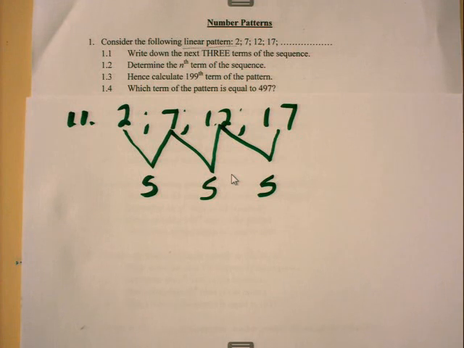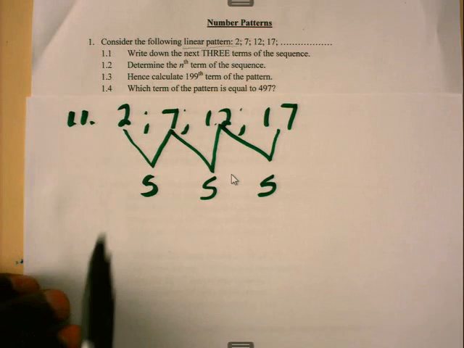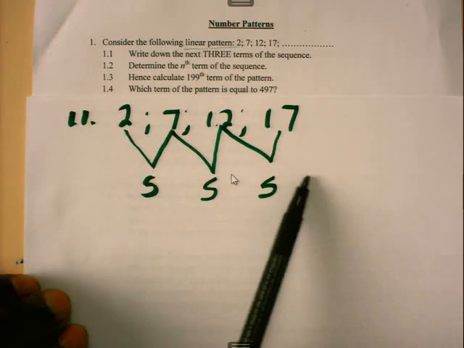Once the first difference is common, that pattern is called a linear number pattern. It means to determine the next term, we just keep on adding the common difference. We agree that the first difference is 5.